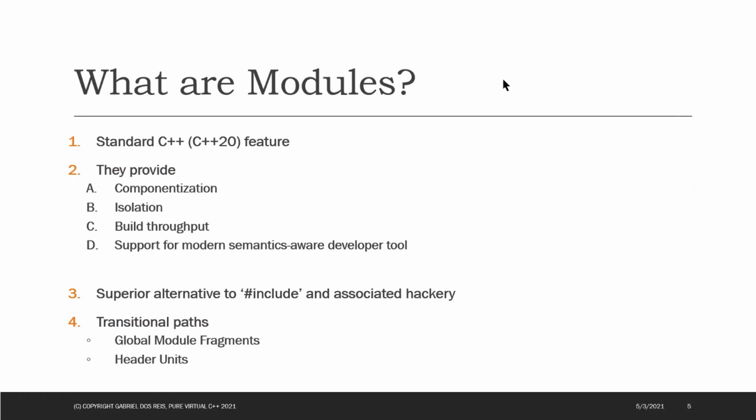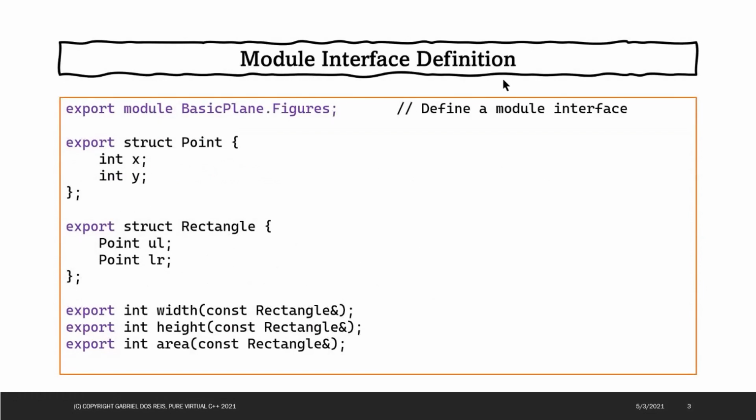So what are they really? They're C++20 features. What do they give you? They provide you componentization. As I showed earlier, you can delimit very clearly the abstraction boundaries of your component. Here, when I say export module basic plane figures, I'm saying explicitly I want the types point, rectangle, and the three functions to be usable.